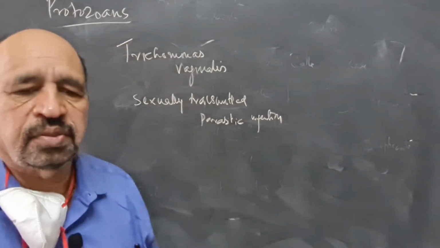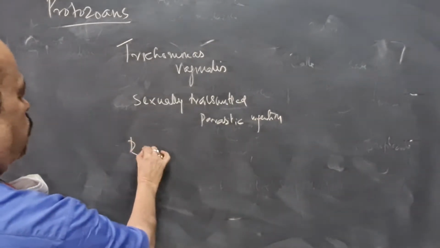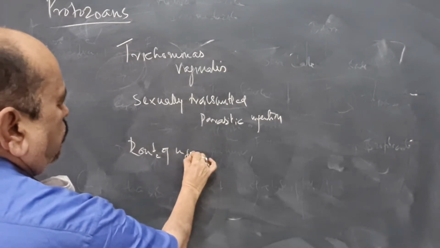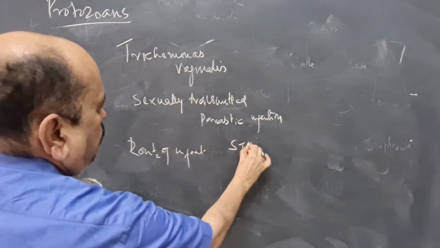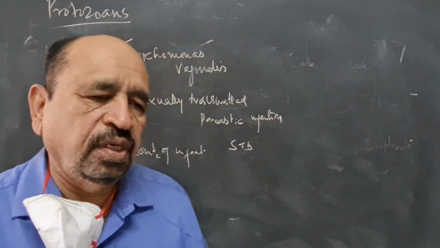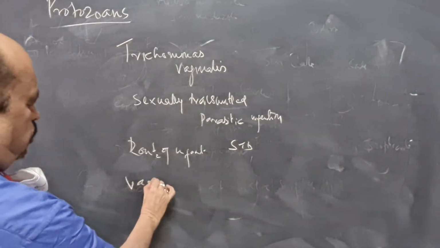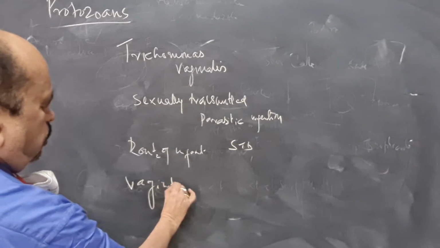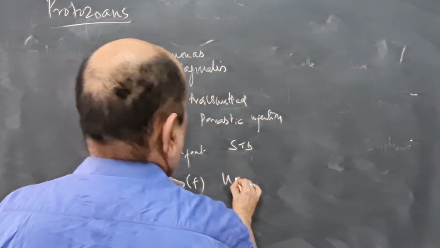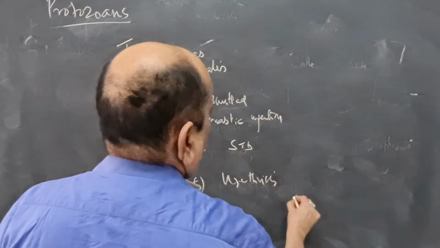The route of infection is sexual; it is an STD. It causes vaginitis in females and urethritis in males.